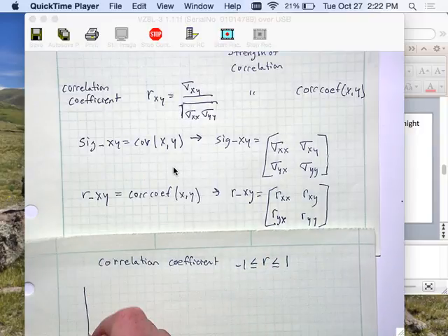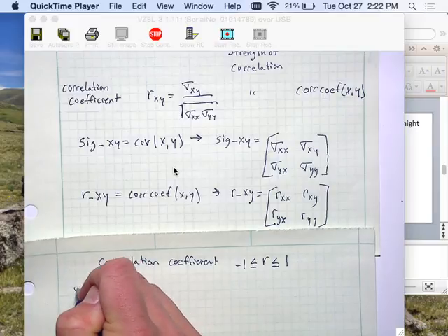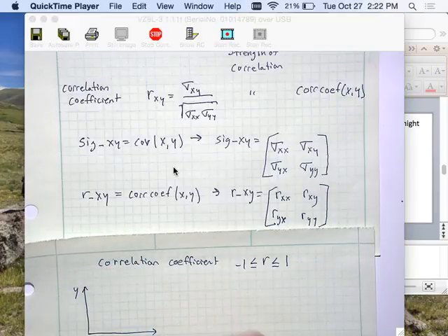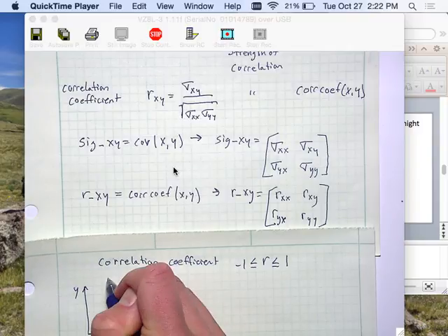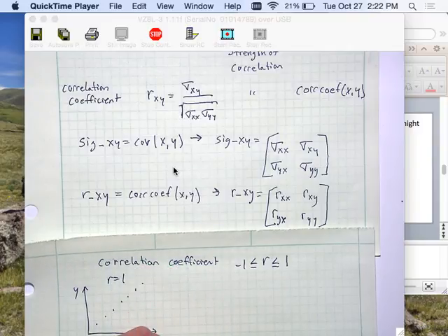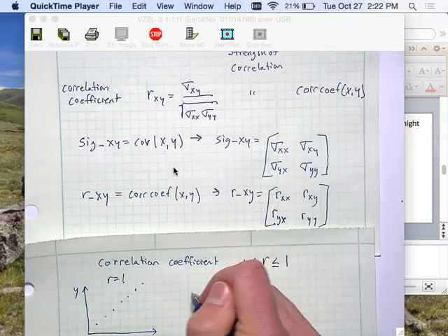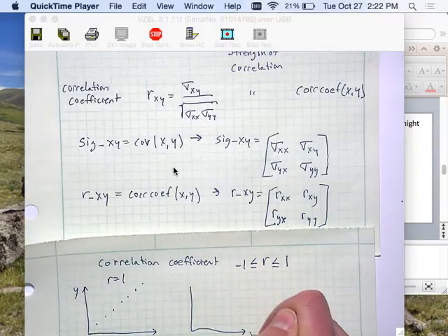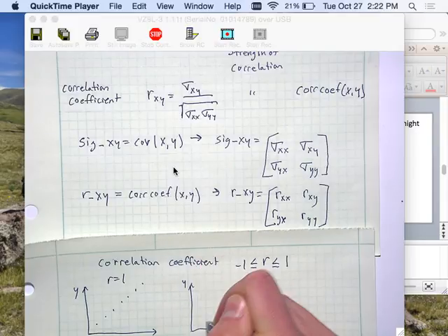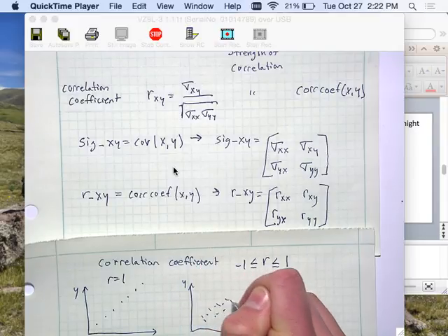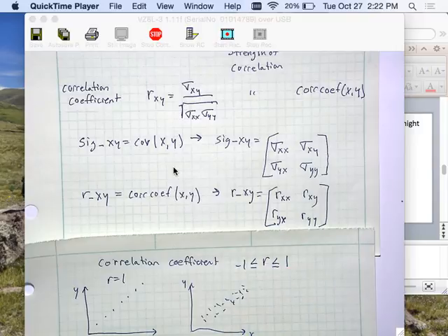So what does a perfect positive correlation look like? If you have a set of y and a set of x, it's going to look like this. This is your R equals 1. Perfect positive correlation. Now, when you start getting a bit of spread in your data, it still looks like it's trending upwards, but now there's a bit more spread.